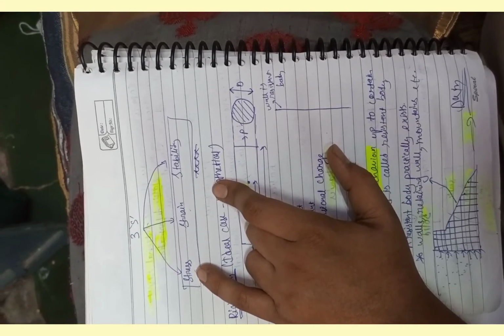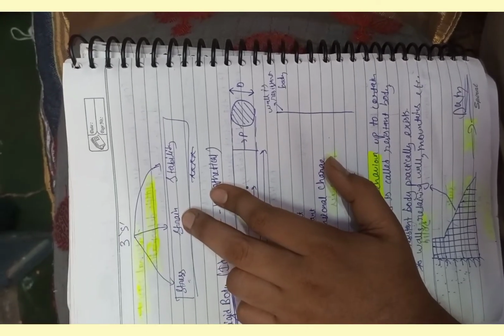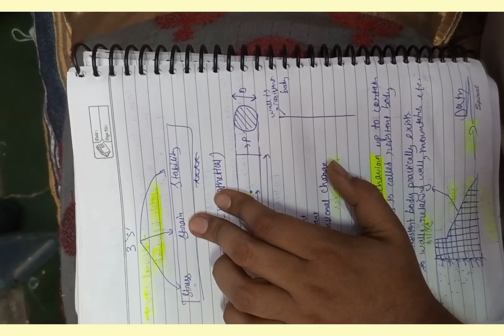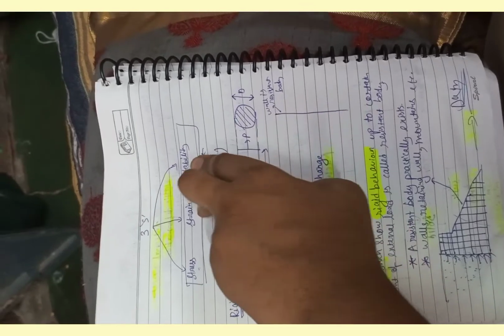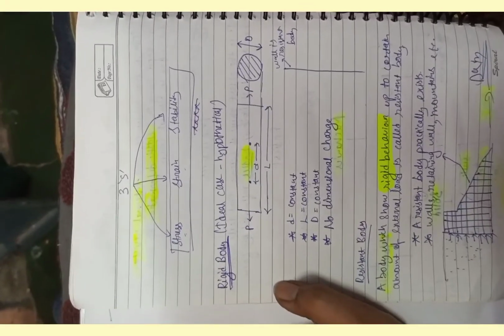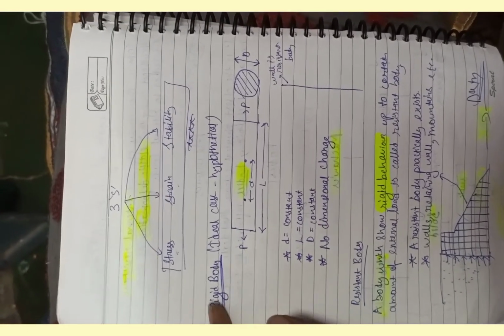The strain is the ratio of change in length upon original length. What is stability? The body has to be stable.